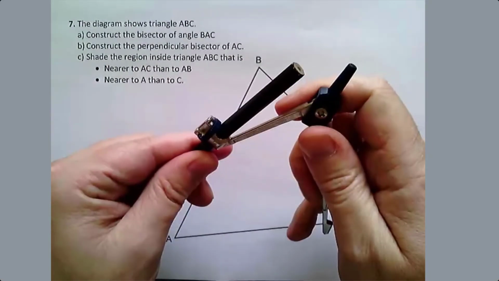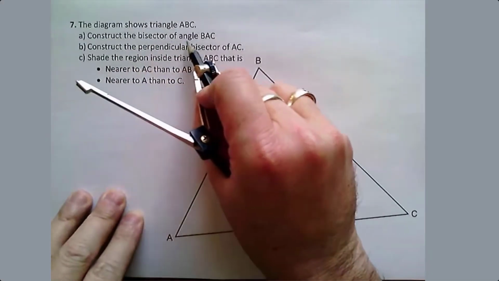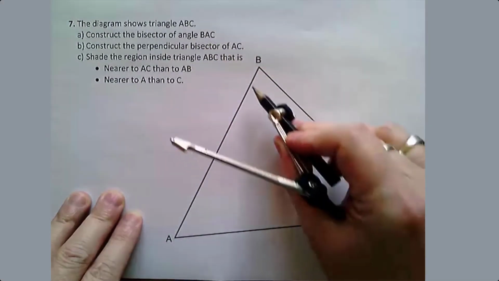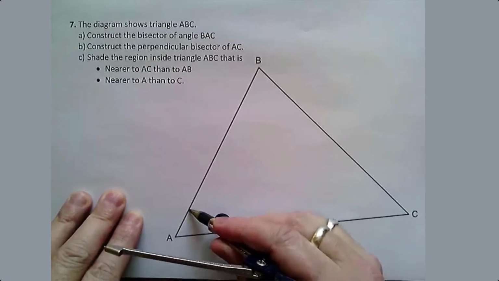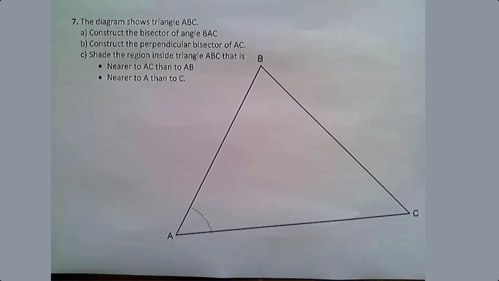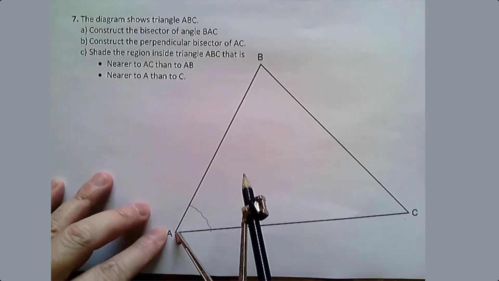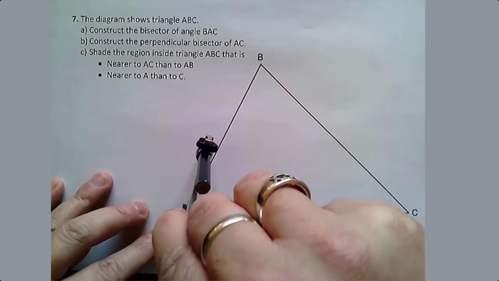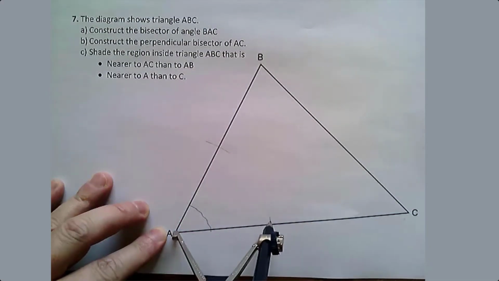Okay. Then what we've got to do is construct a bisector of angle BAC. So this is B, A and C, so that angle BAC is this angle here. We need to cut this in half. Now to do this, you stick the compass tip at the angle, so in A, and we're going to draw an arc that cuts both those two arms of the angle.